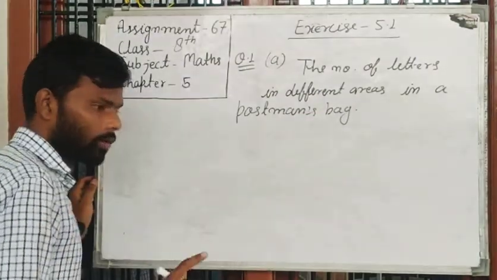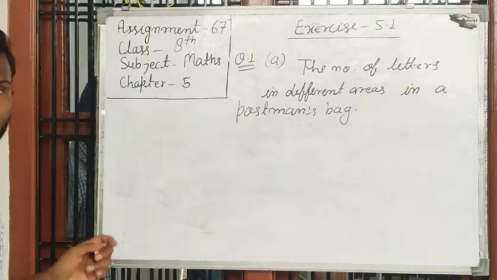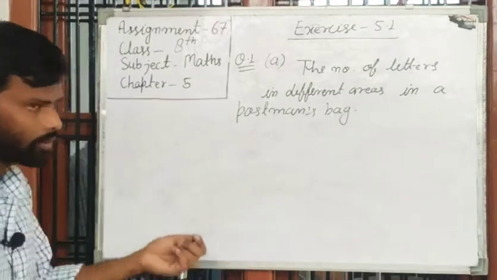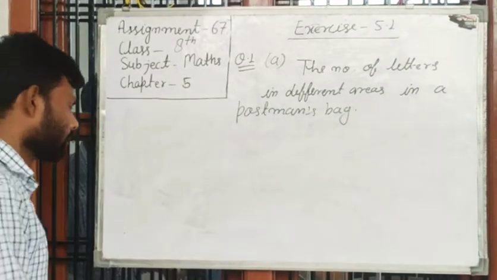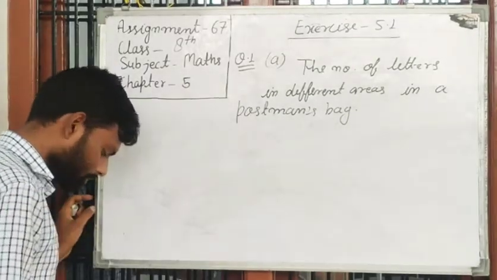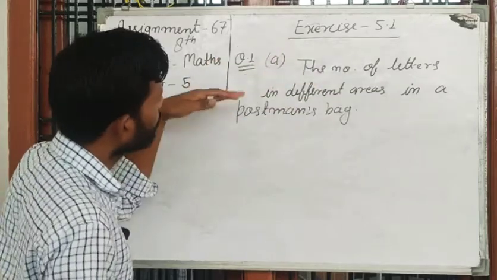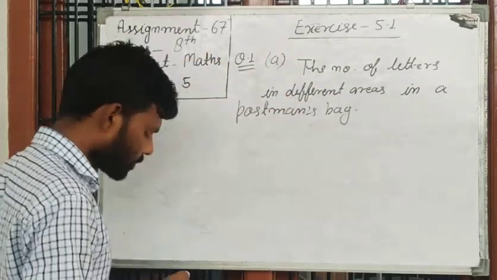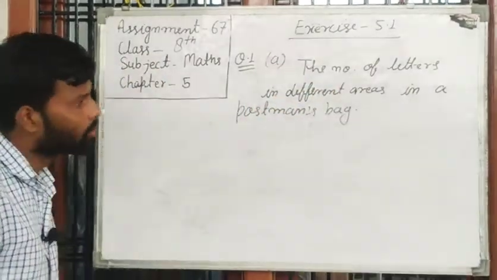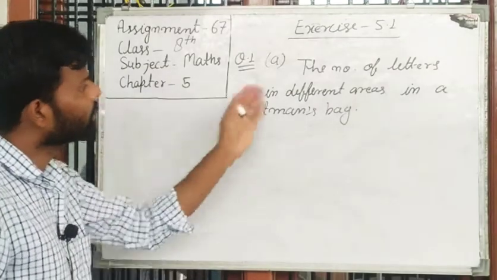A histogram can be drawn only for data which can be divided into class intervals, regular class intervals. For this observation we cannot group or divide the data into class intervals, so we cannot draw a histogram to show these data.